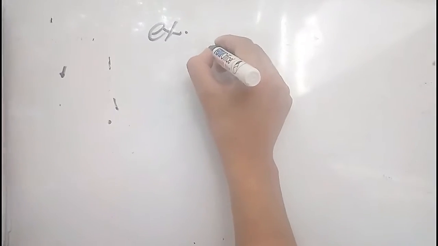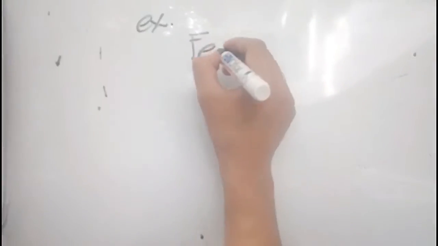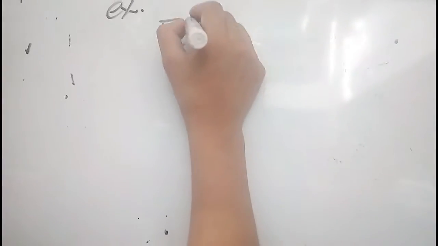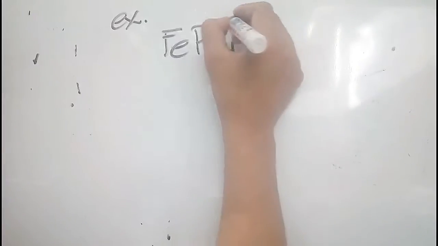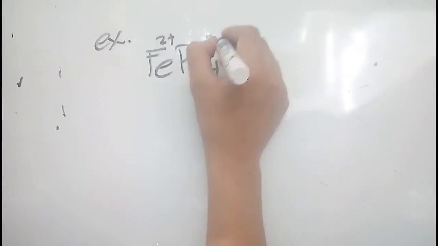Here is an example. You write the symbol of the compound, then you write their charges.